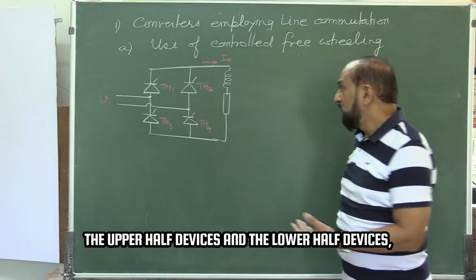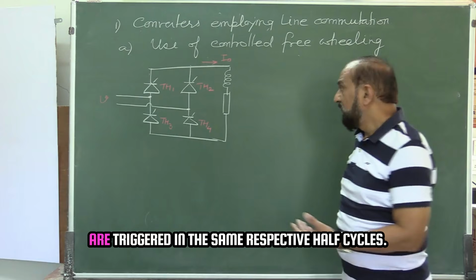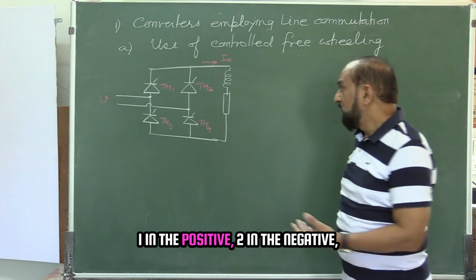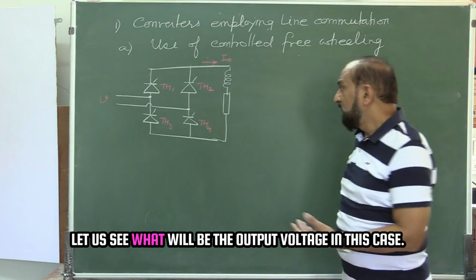The upper half devices and the lower half devices, they have different firing angles, but they are triggered in the same respective half cycles, 1 in the positive, 2 in the negative, 3 in the negative, 4 in the positive. Let us see what will be the output voltage in this case.